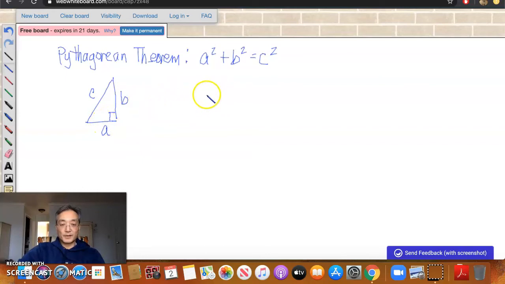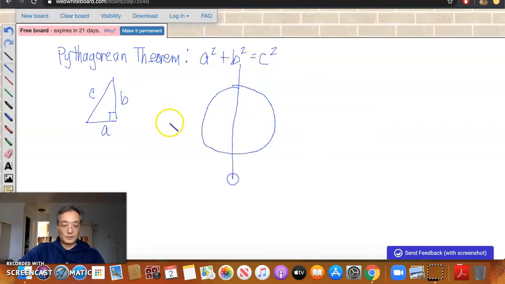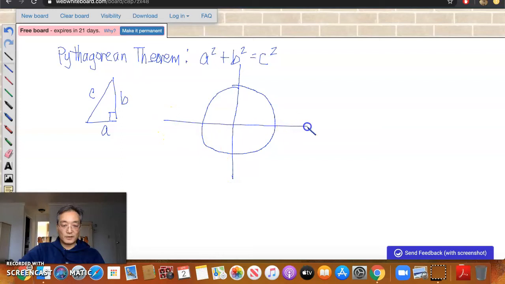Now, I'm going to take the same idea and use it for our unit circle. So if you have a unit circle, and I'll do my best to draw a unit circle, let's say that is a unit circle like that. We have the y-axis and the x-axis.